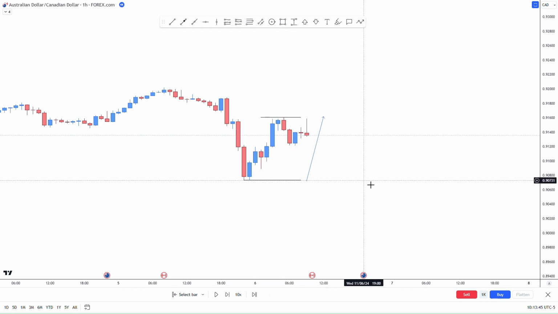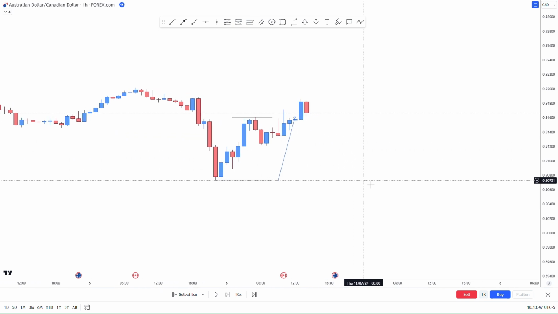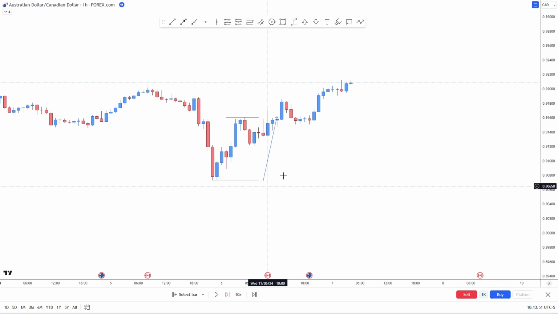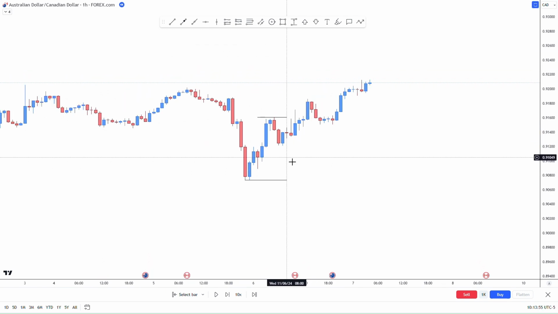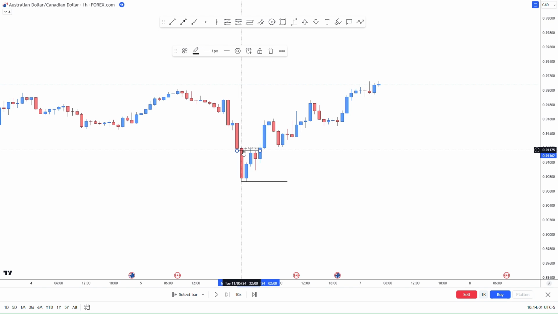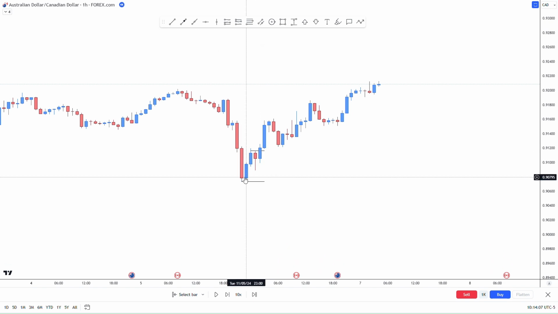And as price continues, now we get to decide how exactly you want to draw your structure. If we're going to stick to super aggressive, we put this back down here and say, this is my super aggressive range because this is the established low, and this was the first move in the opposite direction.